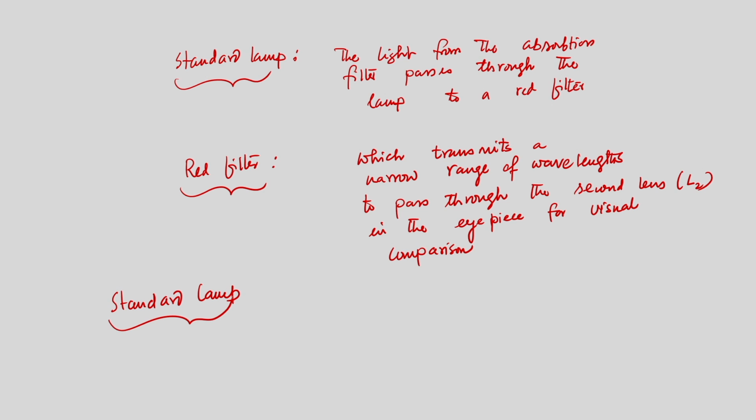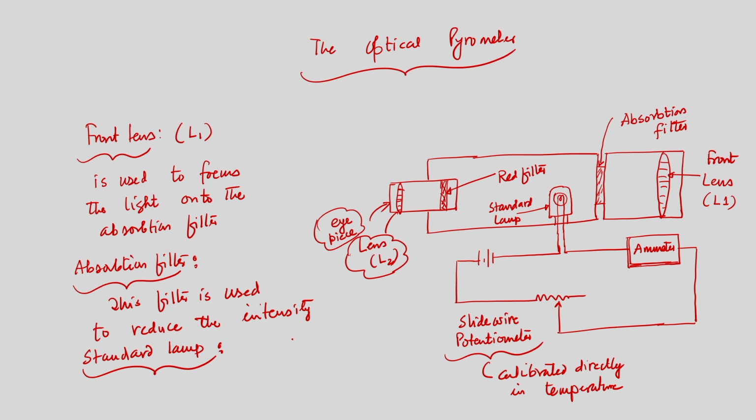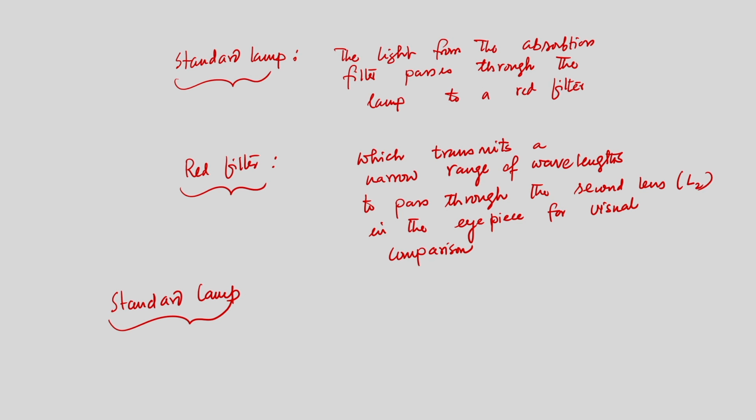Now, the standard lamp is connected, if we go back to the circuit, with another circuit, and the current to the filament is adjusted by the potentiometer. I am now writing something that is very important to ultimately understand how we can measure the temperature using this optical pyrometer.